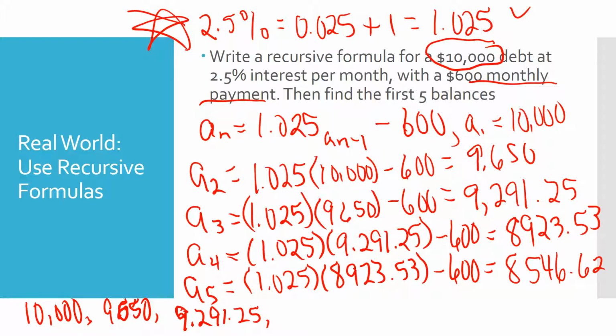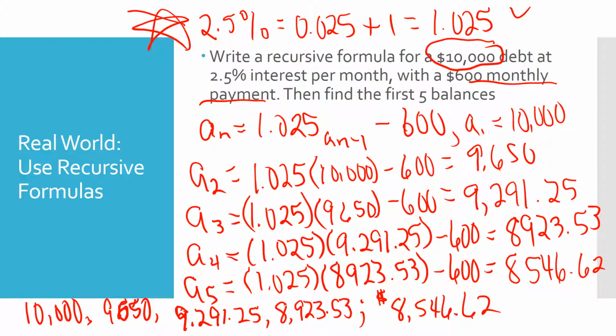And then at the end of the fourth month, it's 8,923.53. And at the end of the fifth month, this guy's going to owe 8,546.62.